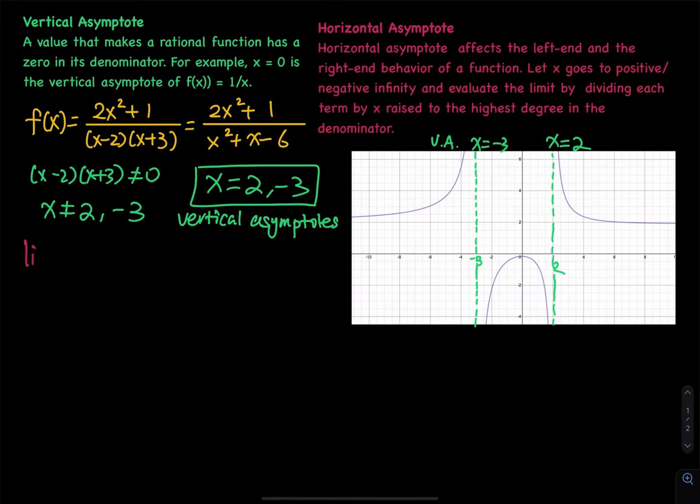So we have the limit as x approaches infinity. This tests the right end, as x approaches positive infinity, of 2x squared plus 1 divided by x squared plus x minus 6. The next step is to divide each term by x raised to the highest degree in the denominator.